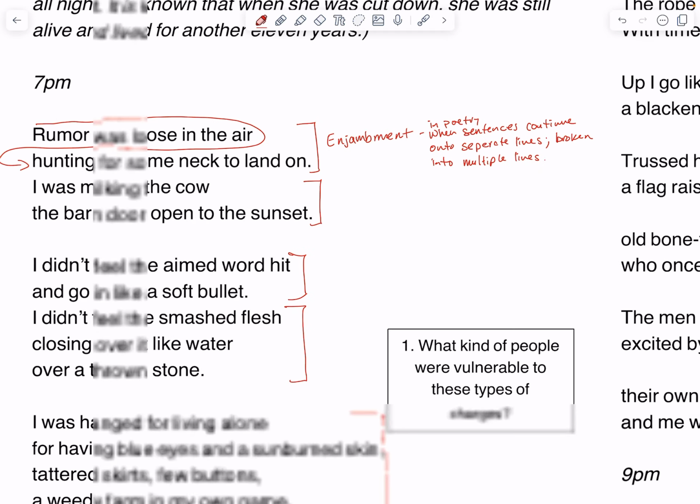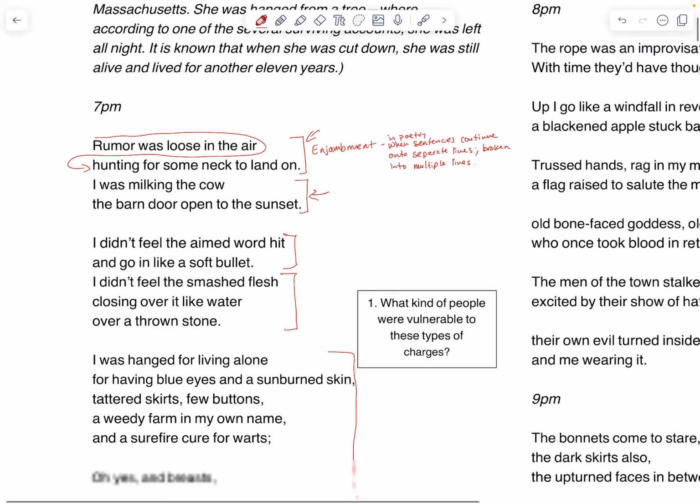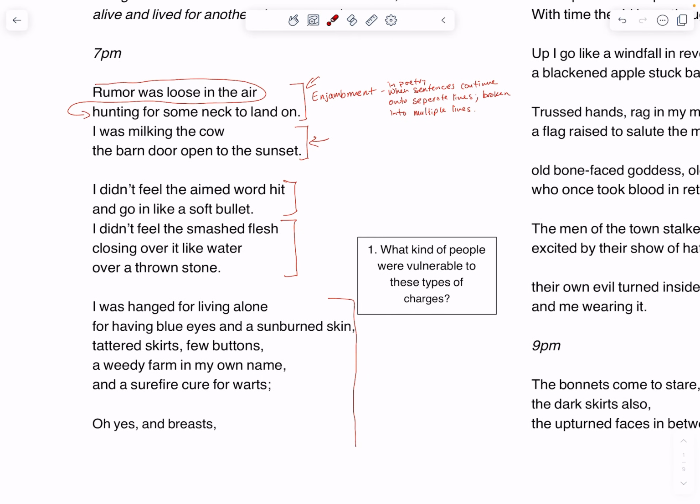And so we have an enjambment here. This is an enjambed sentence. And so you'll notice that all of the sentences in the first section, the 7 p.m. section, are all enjambed, okay?